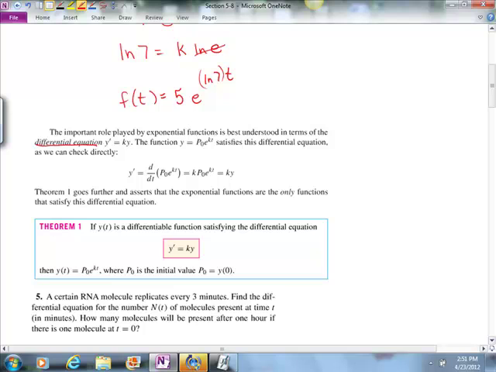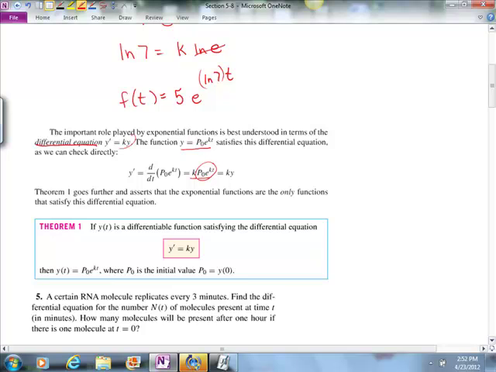If you find the antiderivative of this function right here, you will get this function, meaning that if you take the derivative of this, you should get y prime equals ky. So here's where they're going to take the derivative with respect to t of P naught e to the kt, and remember, P naught's just a constant. The derivative of e to the kt is just k times e to the kt, so there's your k, and then P naught e to the kt, well, that was what you had originally.